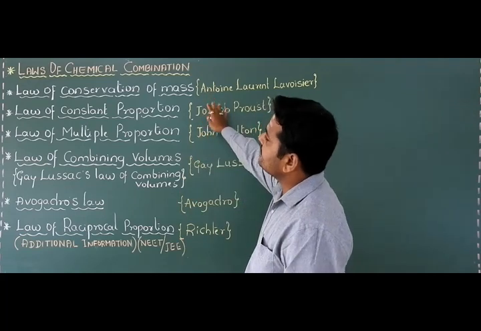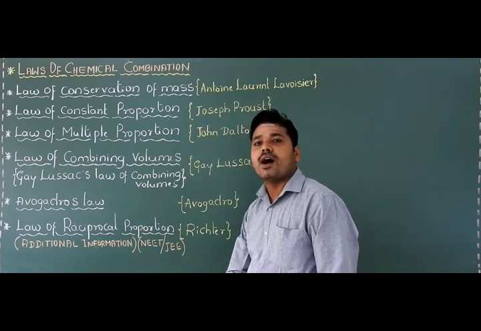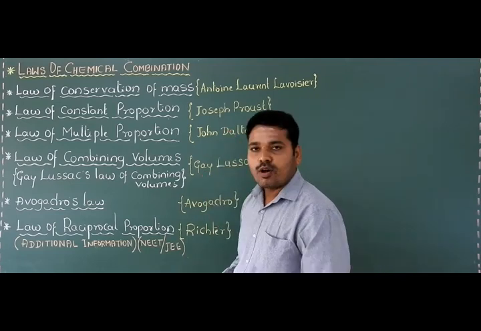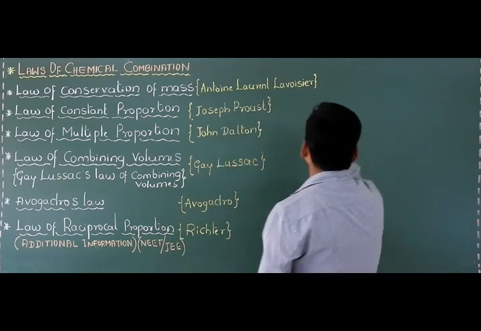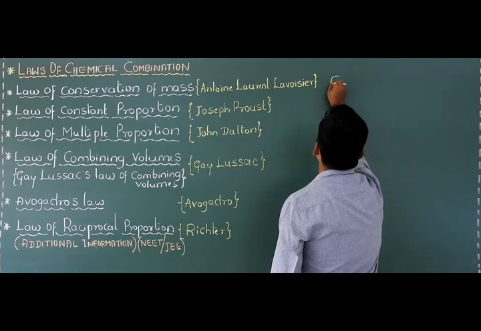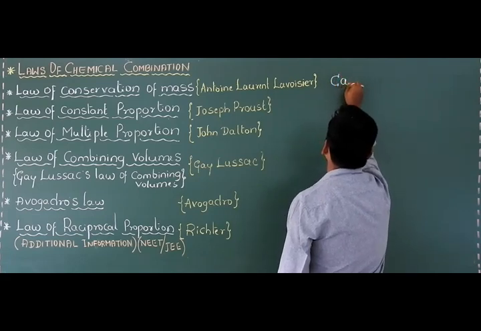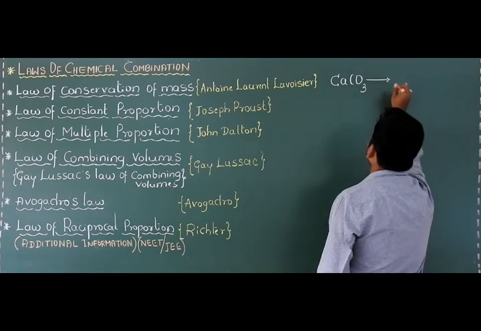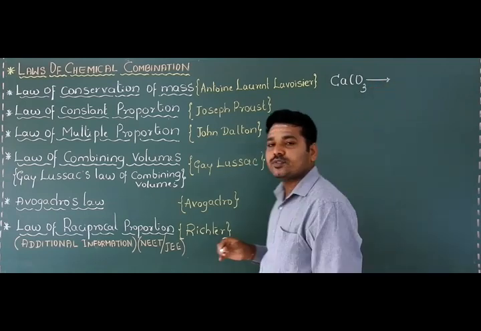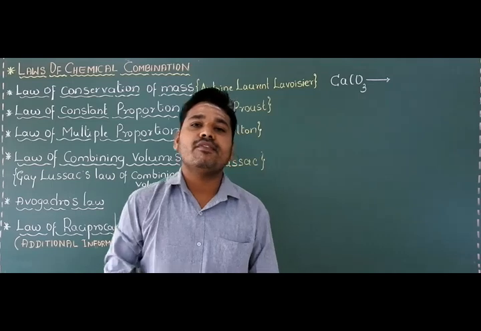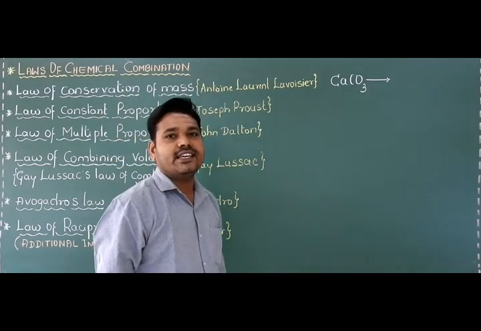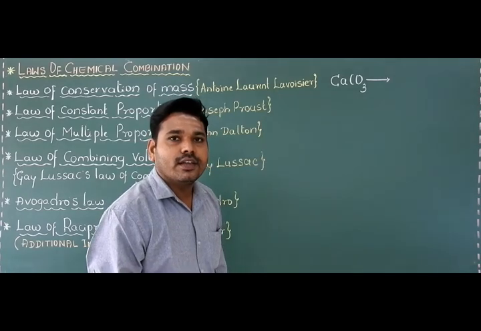The first one is the law of conservation of mass. Before the statement of this law, let us take the example of the decomposition of limestone. Tell me, students, what is the chemical name of limestone? Yes, calcium carbonate is the chemical name of limestone.